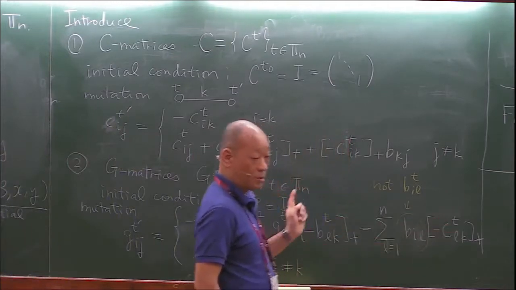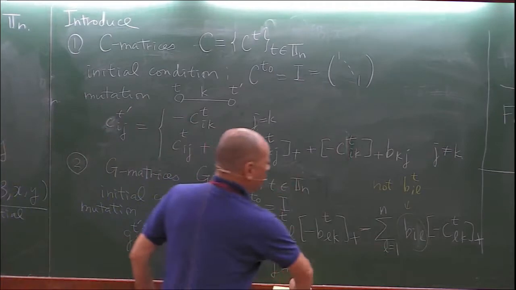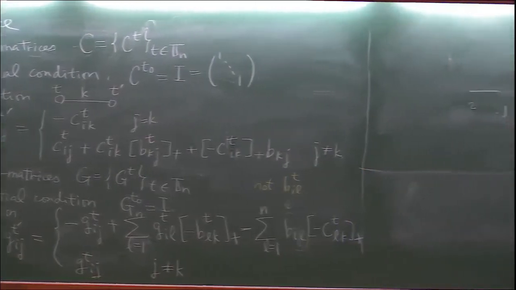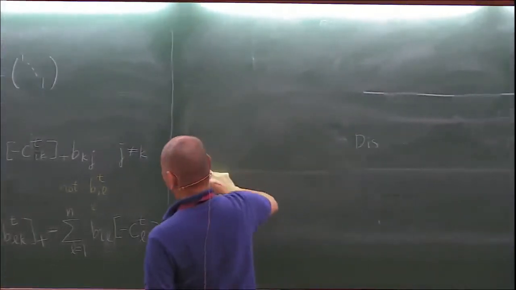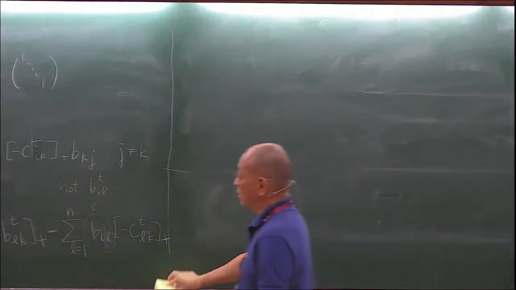But others are not. Well, I will explain everything maybe in my next two lectures. So for now I just write our definition. It's clear that by this you can define a set of matrices associated to each vertex.